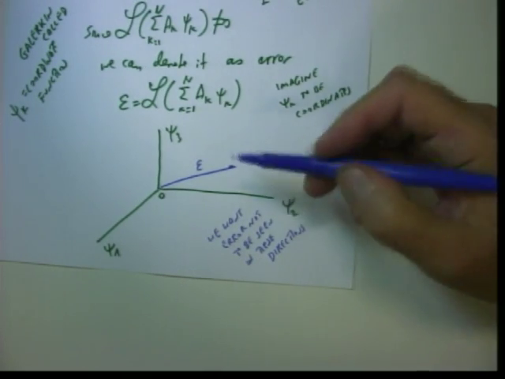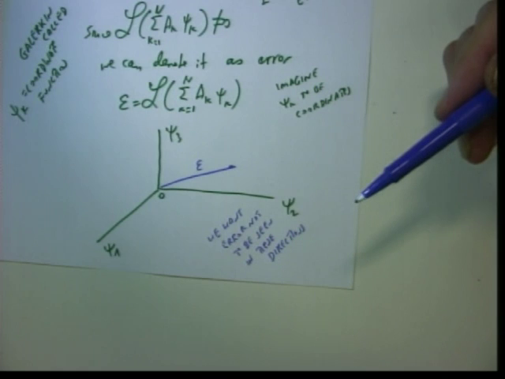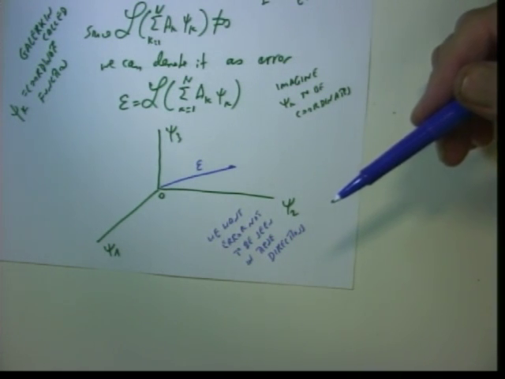I don't want to see this error in these psi1, psi2, psi3 directions. Now, how is it possible? I just have to project the error in the psi direction, and that should be 0.